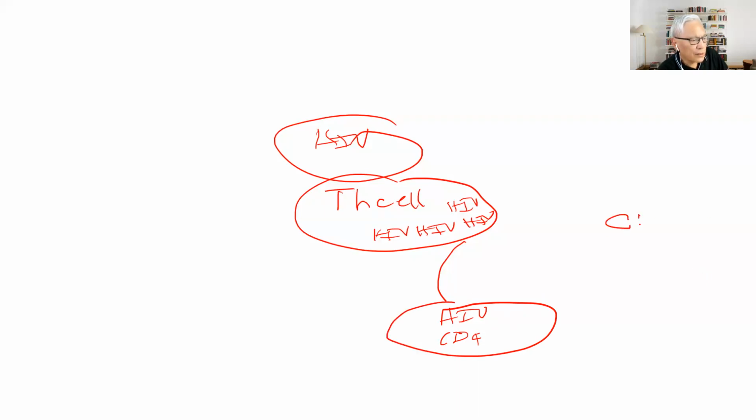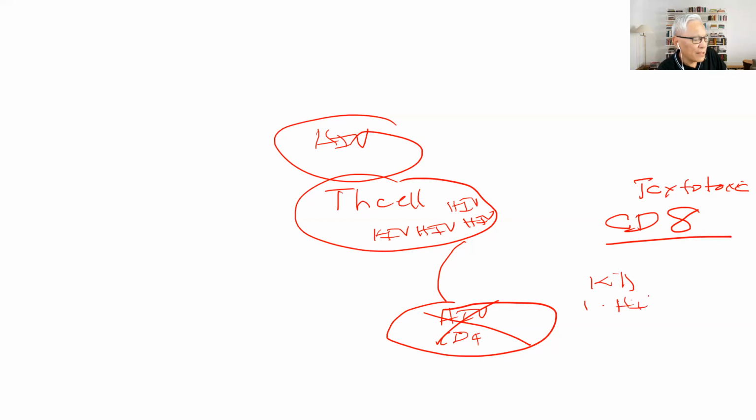Now, there's another type of white blood cell called CD8. These are the cytotoxic cells, and their function is to kill any antigen. So what do they kill? They kill two things. One, HIV, and number two, they also kill CD4. So do you understand now why in AIDS, we have a decrease in our CD4 count?